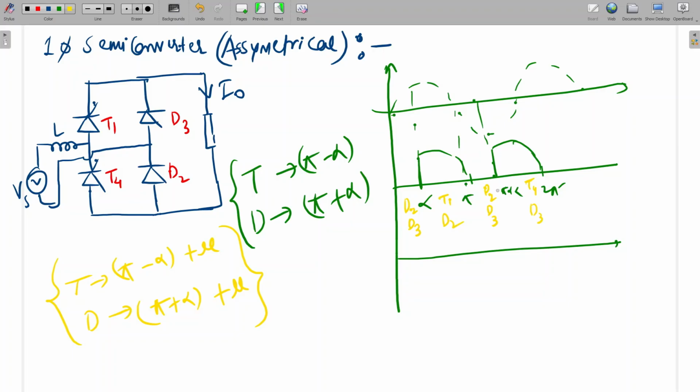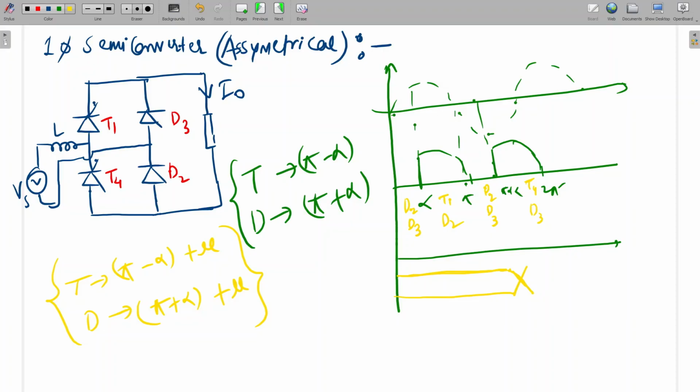But here D2 will become 0. If we go from here to here, D2 will not suddenly become 0; it will make a slope. And here T4 is previously 0, and again it will make mu. So we see here pi plus alpha plus mu.